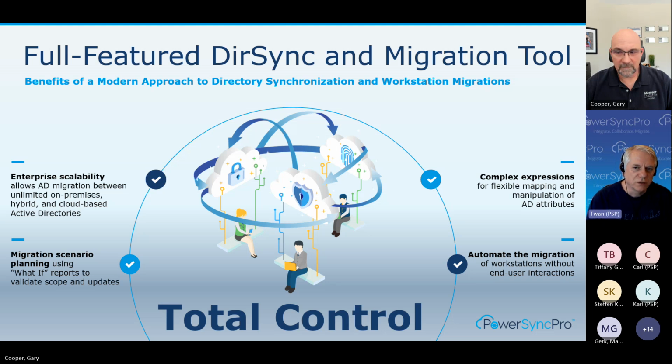As Gary mentioned, display name is one, especially if an organization came from Domino where they had last name, first name. They want to go to first name space last name. PowerSyncPro allows you to do that mapping, so you can take the given name attribute and the SN and combine them together to write that to the display name in the target.